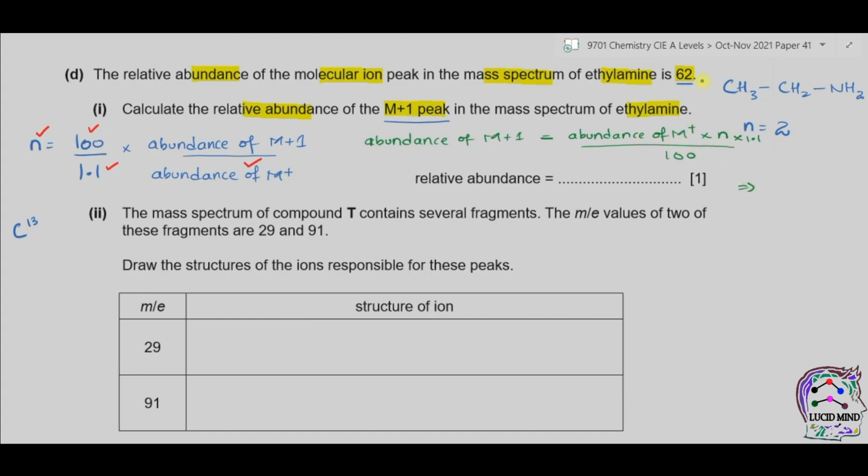Abundance of the M+ ion is given as 62, N is 2, we have 1.1, we have 100. The relative abundance of M+1 comes to 1.36.